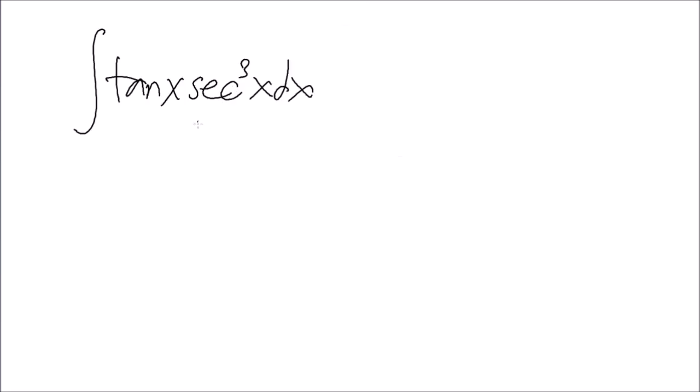Alrighty. So this is secant cube, then tangent x. Of course I would put this in terms of secant, because we have only one tangent but multiple secants, so we will do u equals secant x. And then our du will take care of that tangent x here.